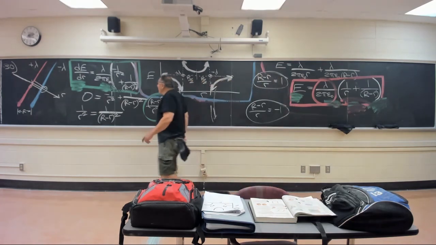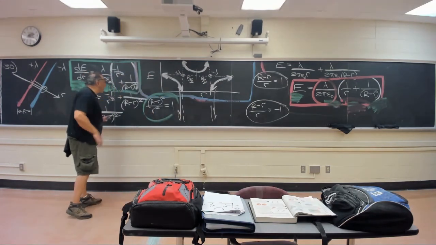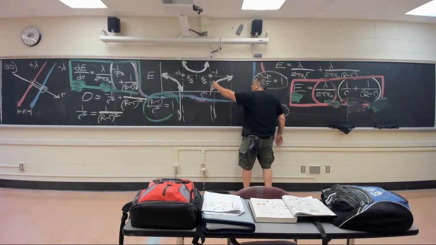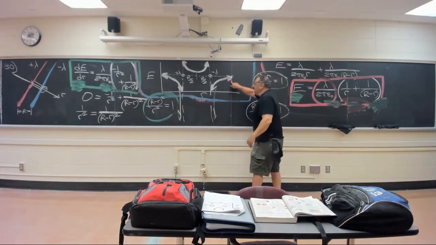But the slope, however, is always positive. I don't want to draw too much on it, guys. That's a positive slope, and that's a positive slope, and the slope goes towards 0. Okay, it's flattening out. I can see that.